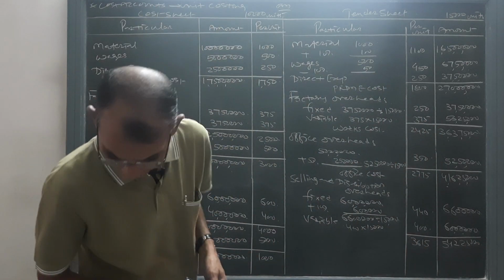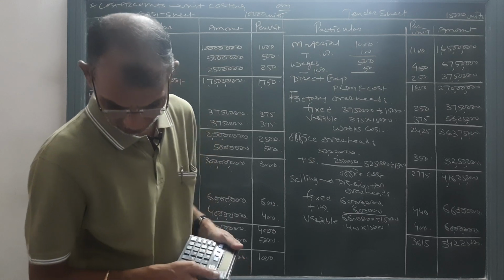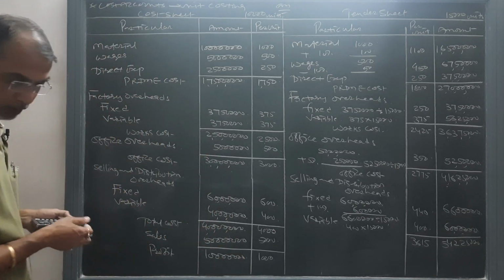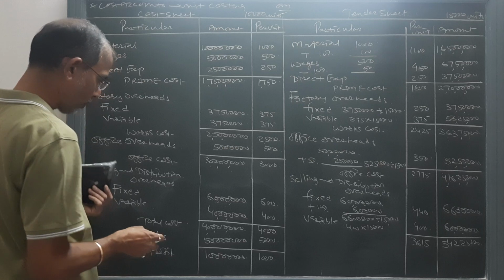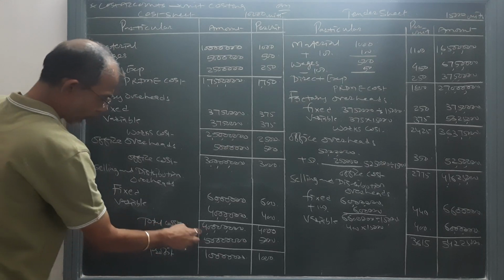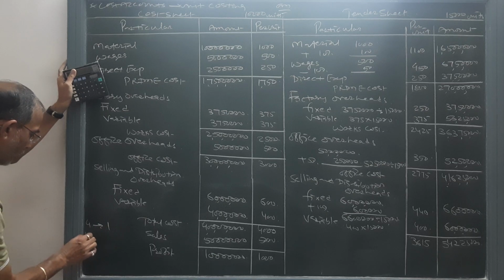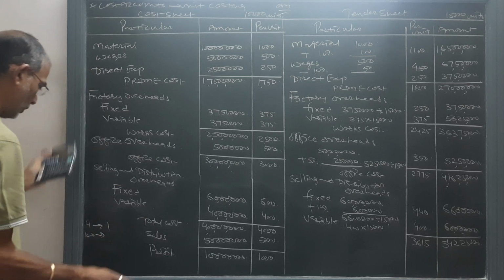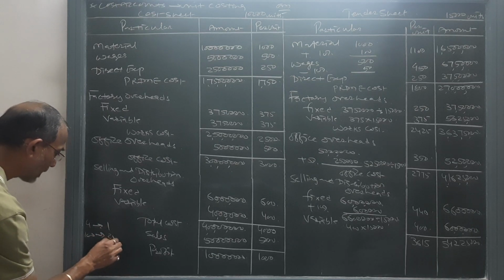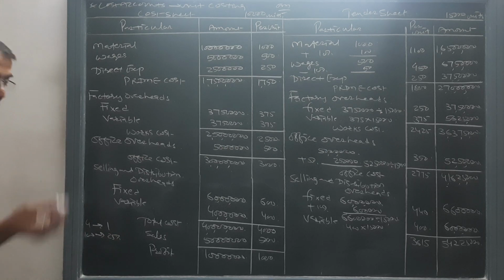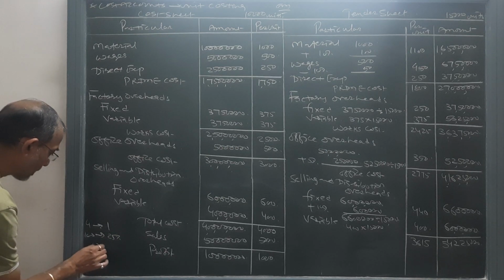Now for profit, it has been said rate of profit will rise 20%. What was the rate of profit earlier? On 4 crore 1 crore was profit, on 4 profit is 1, so on 100 that will be 25%, but now it increases 20%.